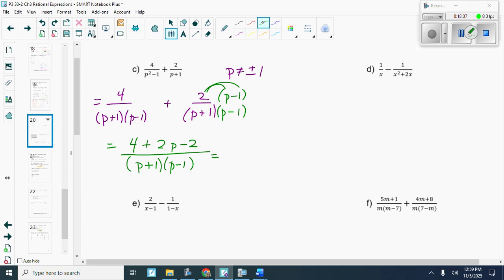So this gets us to 2 plus 2p. Okay, guys, are we done? Not quite. We can do a GCF on top, can't we? Yeah, we can. So if we do our GCF, we're going to take a 2 out of it, and we end up with 1 plus p.